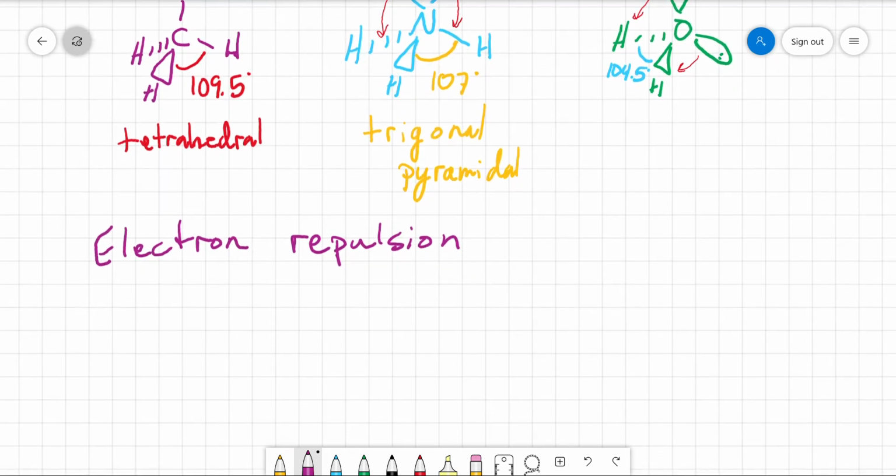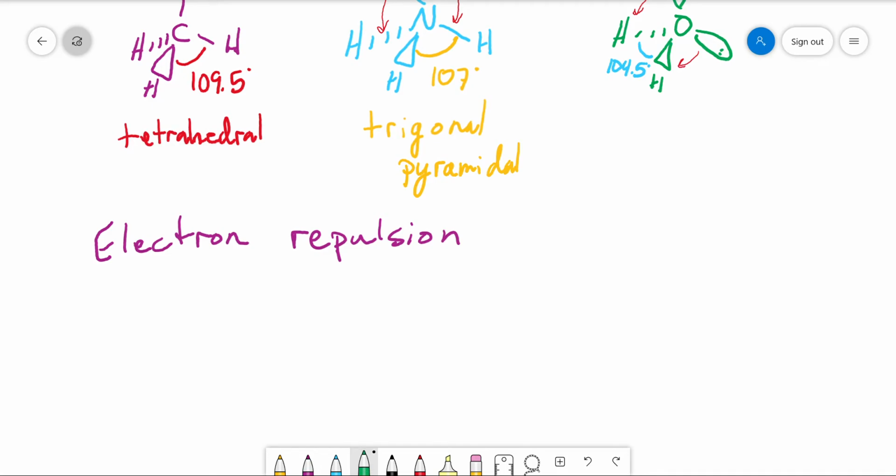So in terms of electron repulsion, lone pair-lone pair is the greatest repulsion we can have. And lone pair-bonding pair is more repulsion than bonding pair-bonding pair.